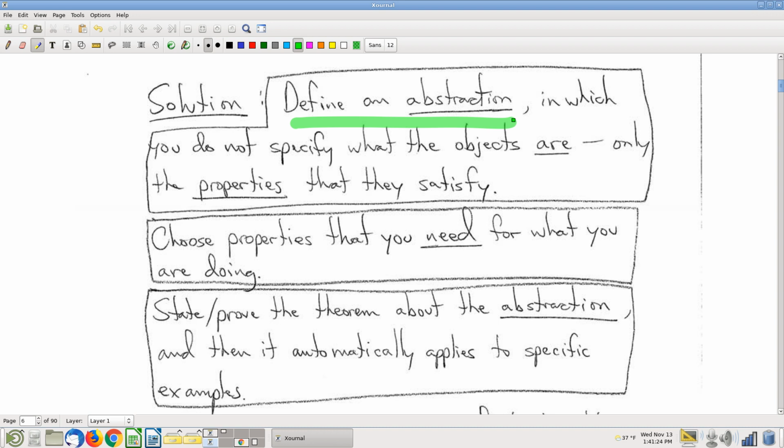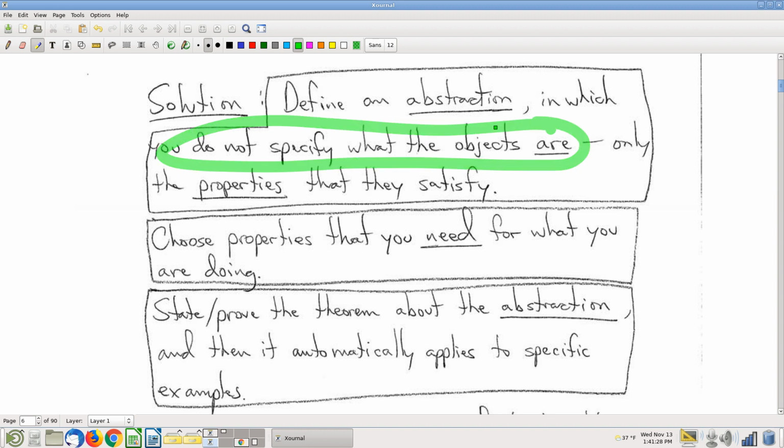The idea was, I don't want to tell you what my objects are. I don't want to say these are specifically vectors in Rn, or specifically functions in some space of functions. I want to say, look, these could be whatever.